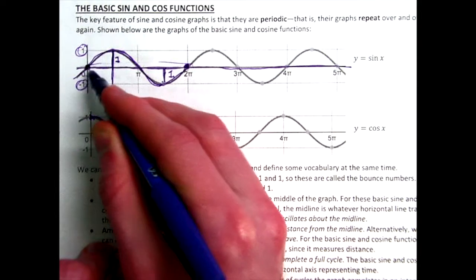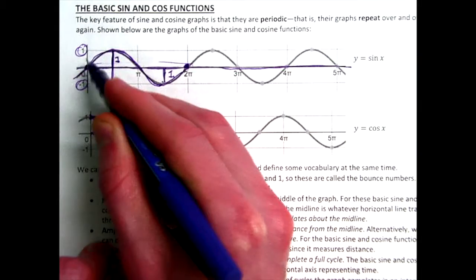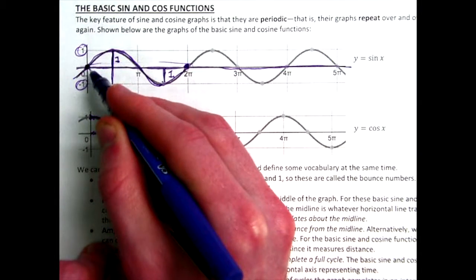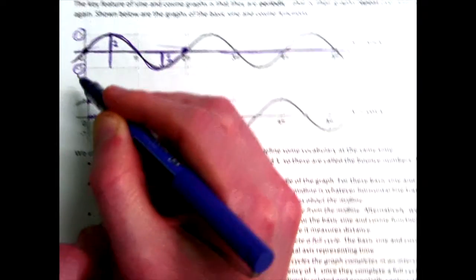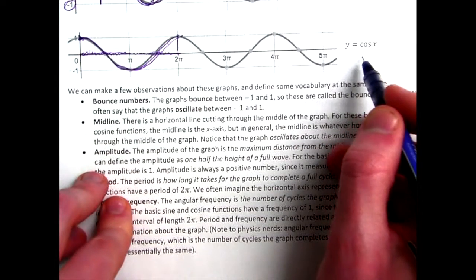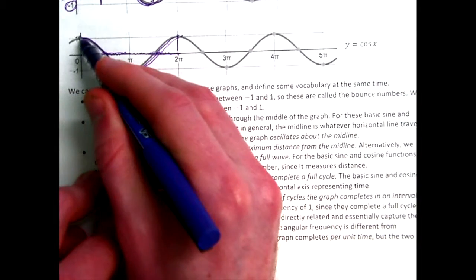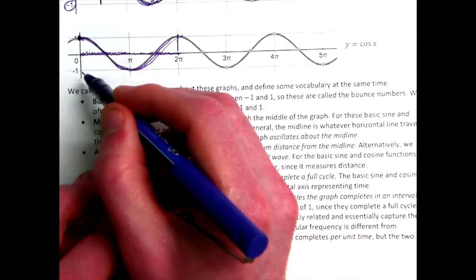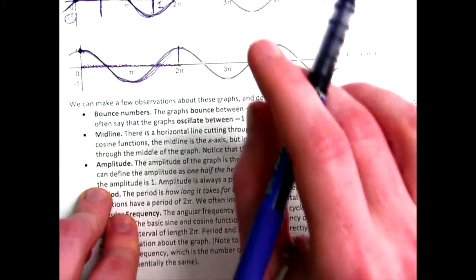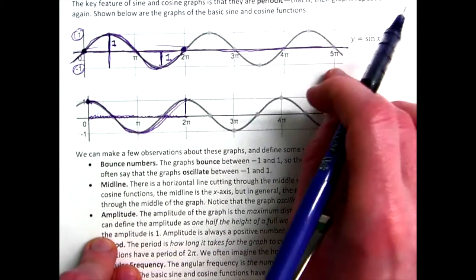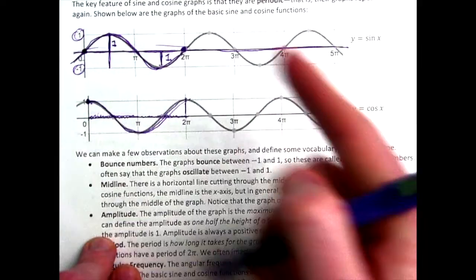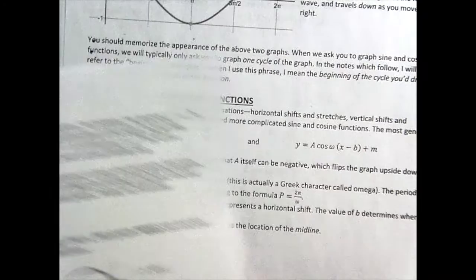Do you see that this is like the middle of the wave? It's not at the top, it's not at the bottom, it's right in the middle. That's characteristic of a sine function. On the other hand, with cosine, the graph starts at a peak, right at the top. So that is a key way of distinguishing the two graphs. Sine begins in the middle of a wave, cosine begins at the top.